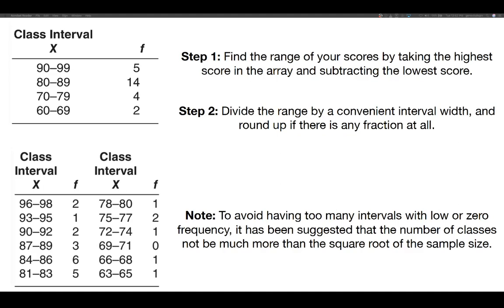Let's try to divide 40 by 10. That could be a convenient interval width. If you divide 40 by 10, we get 4, which is equivalent to our number of class intervals. We have 1, 2, 3, 4. We have 4 class intervals.